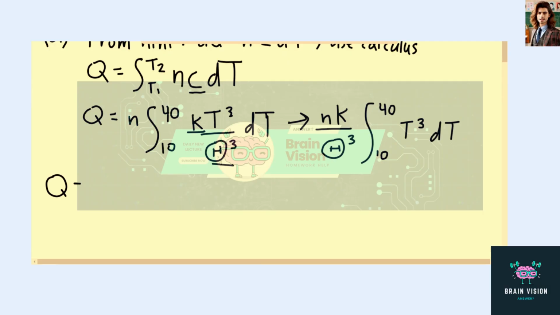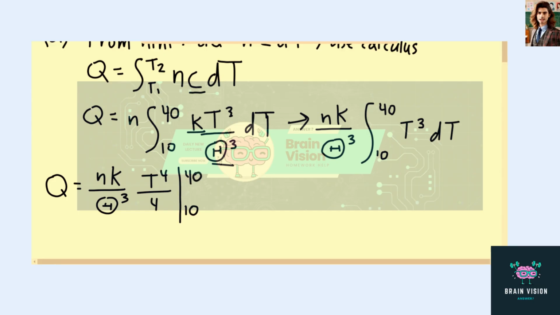Q is equal to, let me solve it out here, our constants out front, nK over theta cubed, and then the integral of T cubed is just T to the fourth over 4, evaluated from 10 to 40.